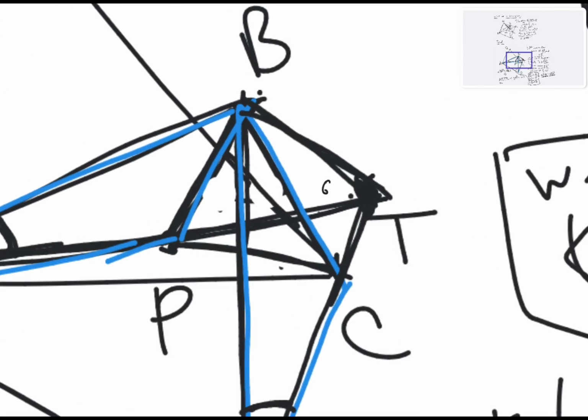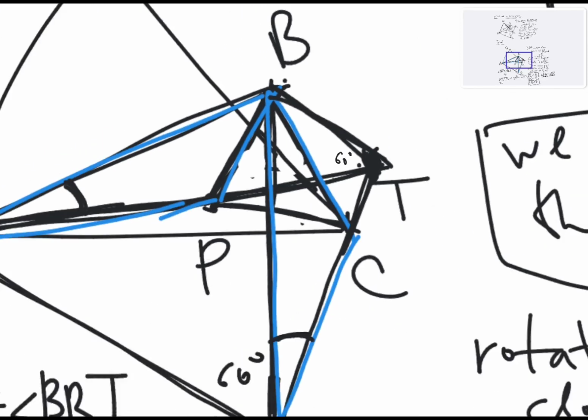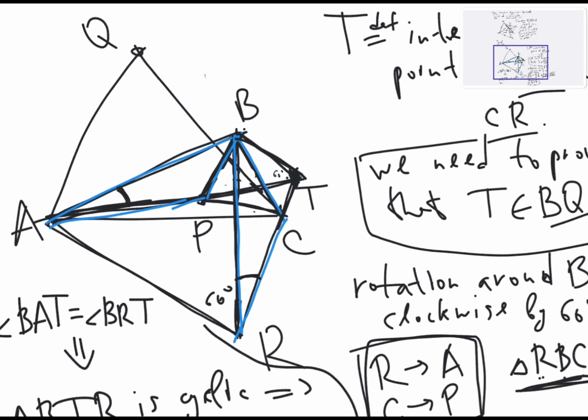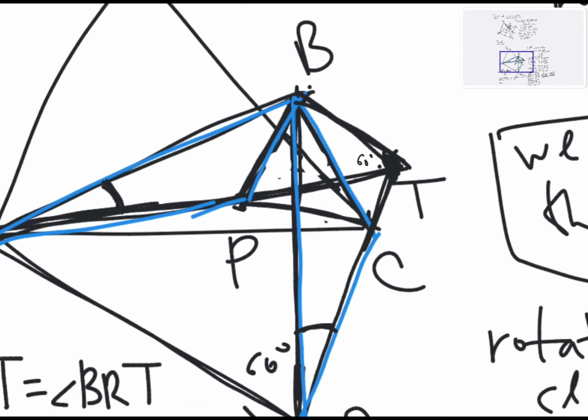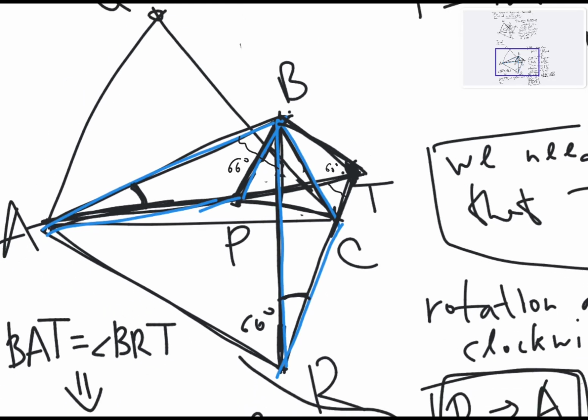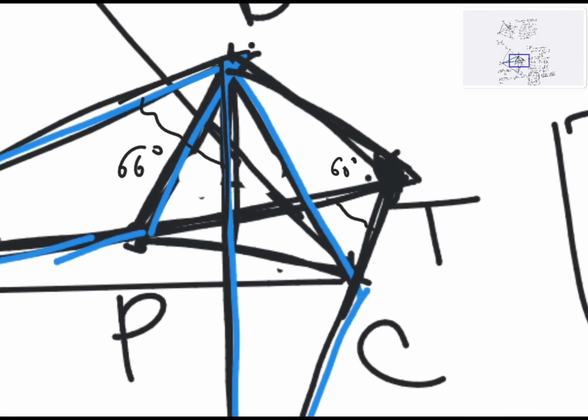So this angle is equal to 60 degrees. And also we have this angle is equal to this angle, but this is also 60 degrees because it's an angle in the equilateral triangle. So ABR is an equilateral triangle, right? So this angle is 60 degrees, so this angle is 60 degrees as well.